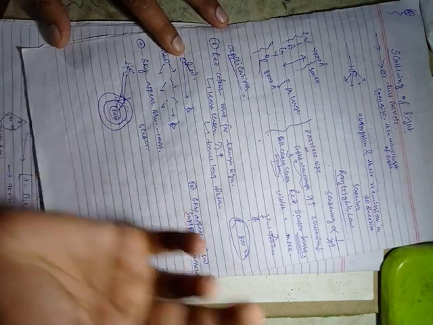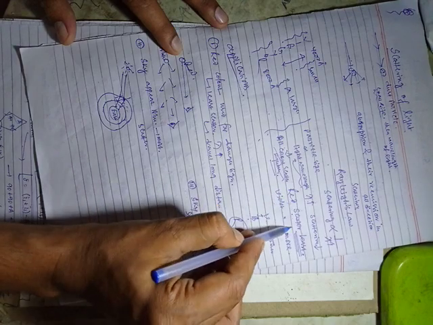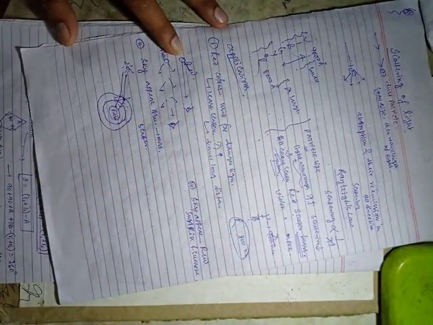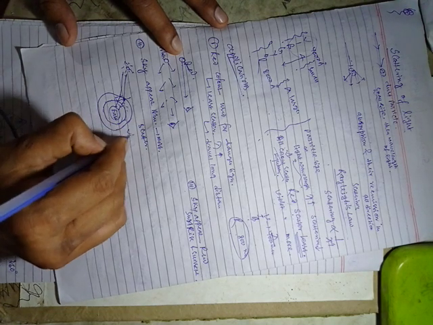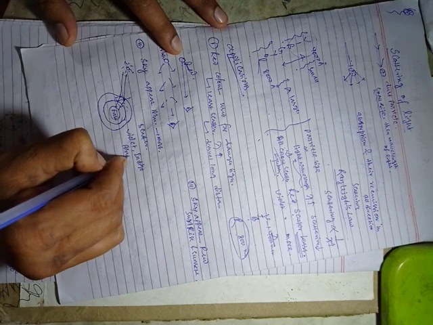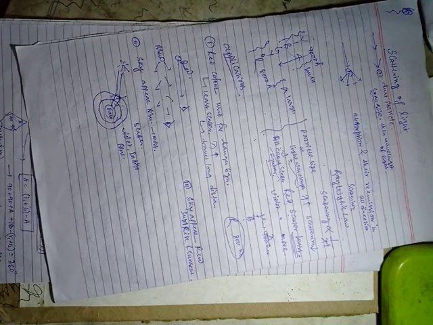Now students, all the dust particles present in the atmosphere will scatter light. Which light scatters the most? Red scatters the least. Scattering is more where the wavelength is less, that means violet, indigo, blue. So when a light ray comes inside the atmosphere, which colors scatter the most?